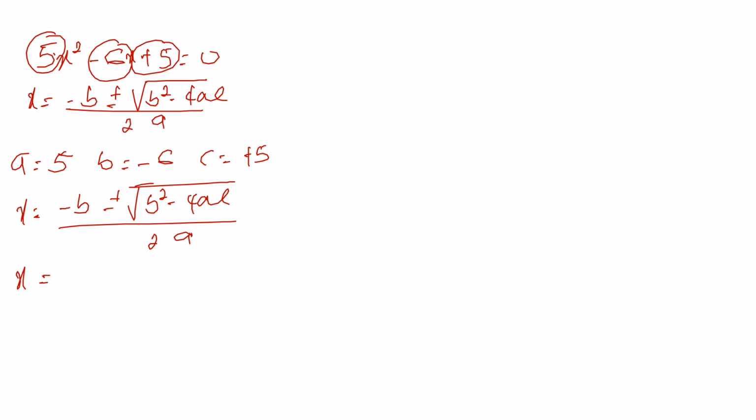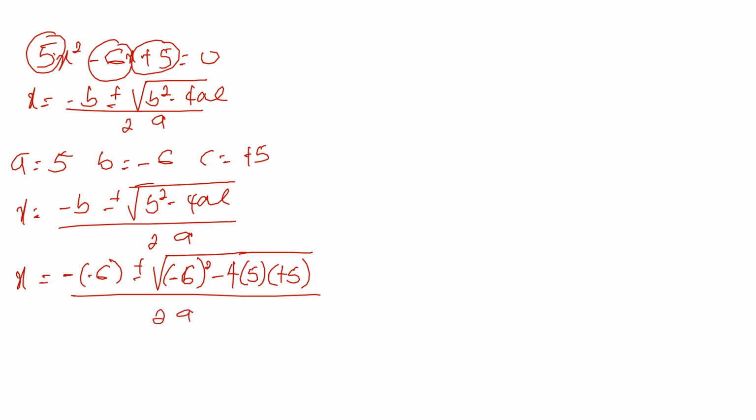Let's compute it now. What's our b? Our b is minus 6. Then plus or minus square root of b squared, minus 6 squared, minus 4 times a, which is 5, and c, which is plus 5, then divided by 2a.